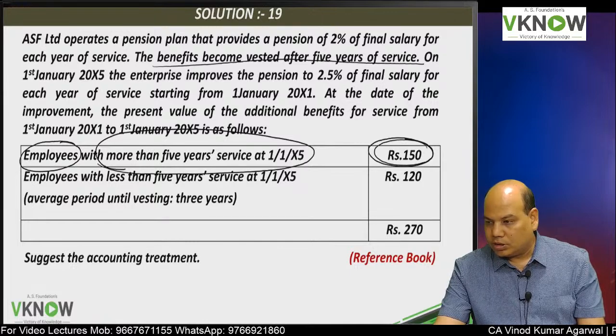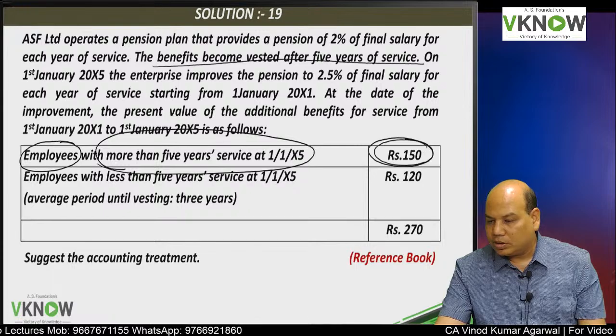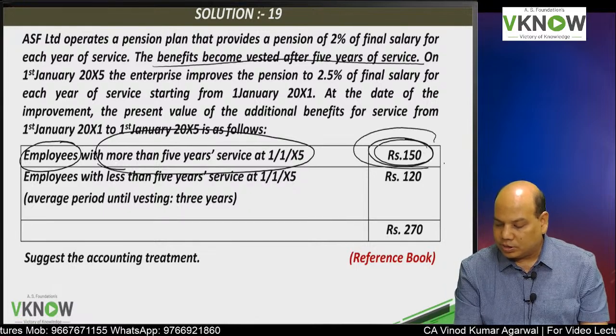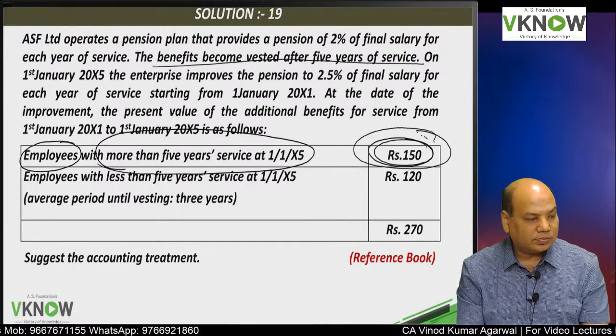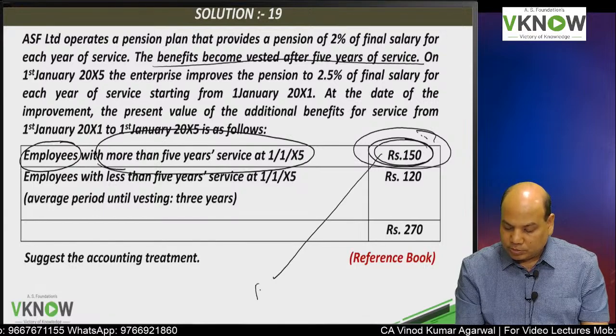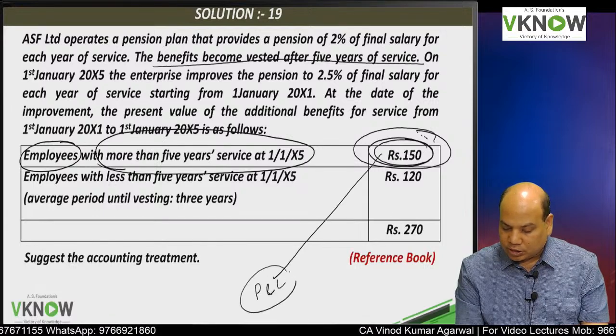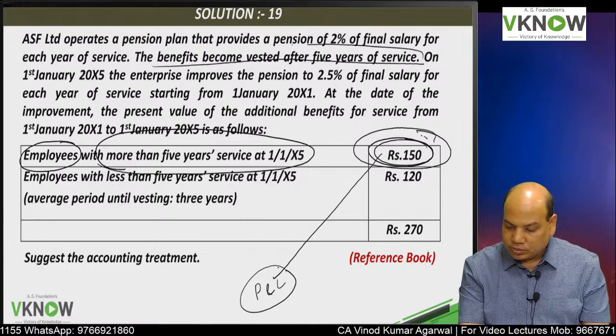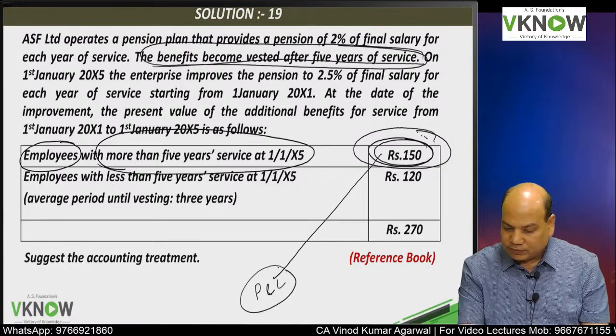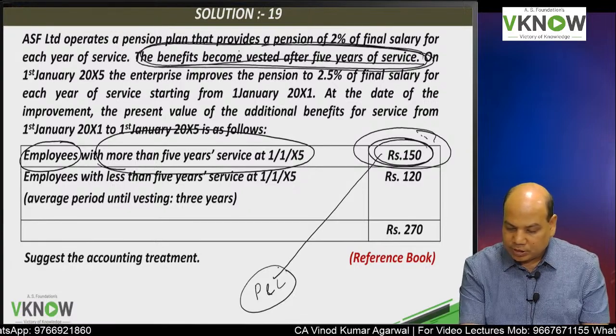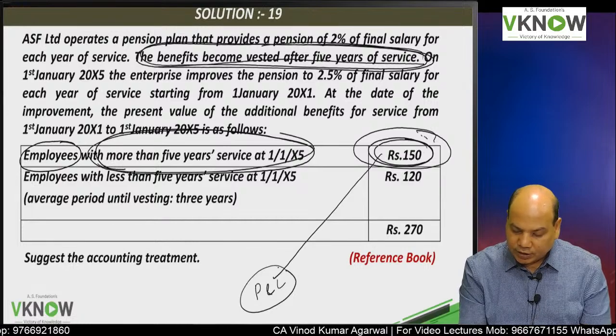So can you give me the treatment of this 150? It will be fully recognized in P&L account because these are vested benefits. Benefits have become vested, they have completed 5 years of service.